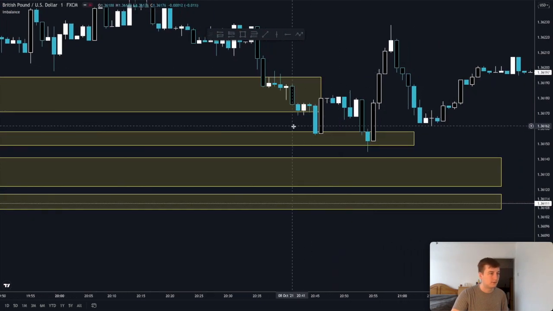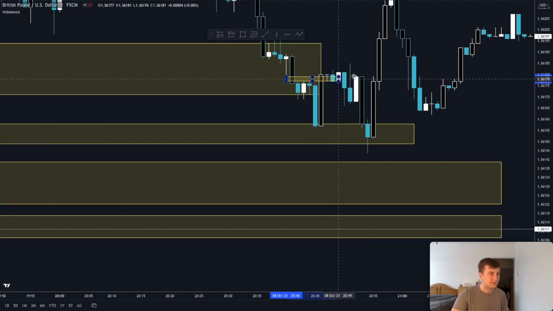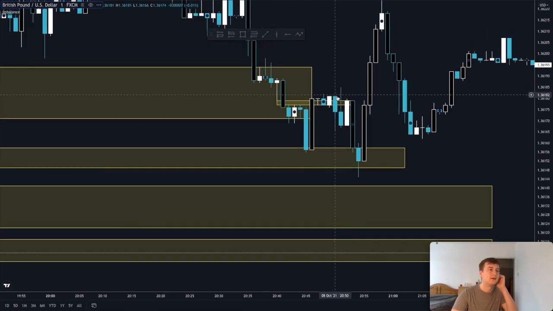Okay, and then price comes back down, really hits this level, and then pushes back up to this imbalance right here. You see? So this is what price to me is saying whilst it's executing this trade. So you got this smaller imbalance right here, what price is interacting with to then push it down further.